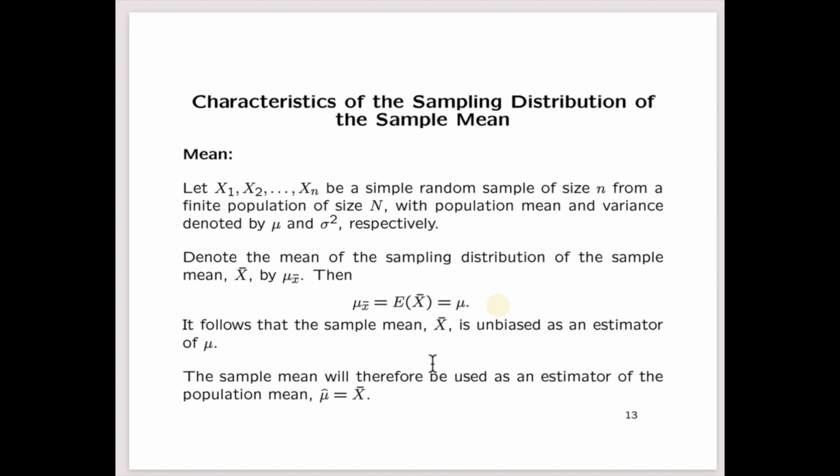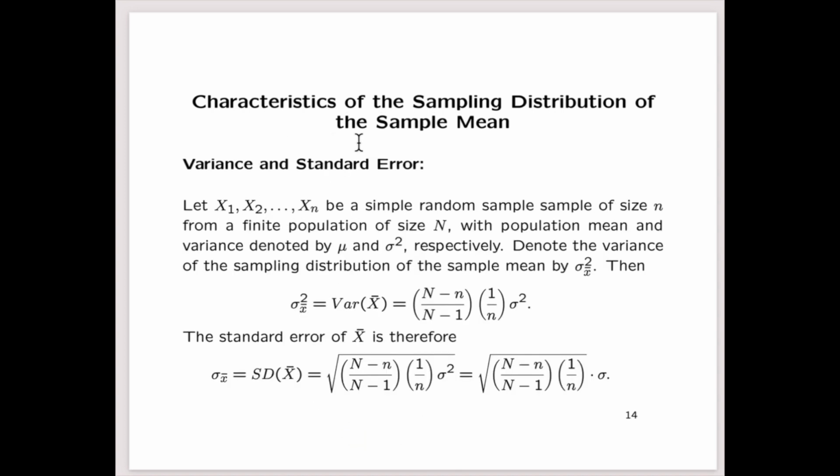We're having to estimate it. So we're going to denote the estimator of mu by mu hat, and because the mean of the sampling distribution of x bar is mu, we're going to denote x bar by mu hat. This is just telling us that in future slides, when we see mu hat, we are referring to x bar. This is just a more general way of denoting an estimate of the population mean.